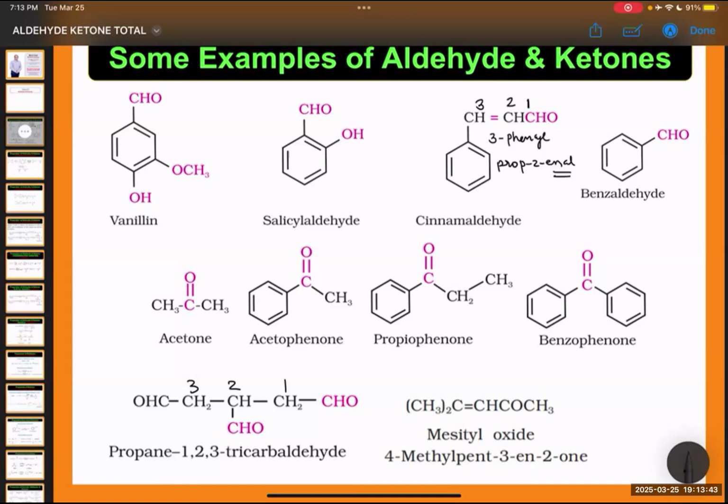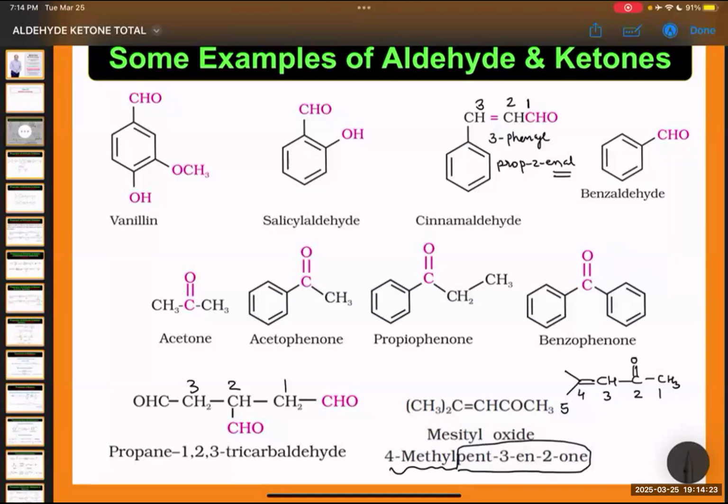Acetyl oxide is just one... and you have a methyl on the fourth position.